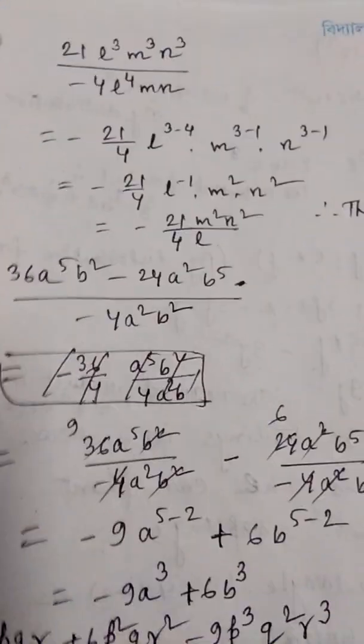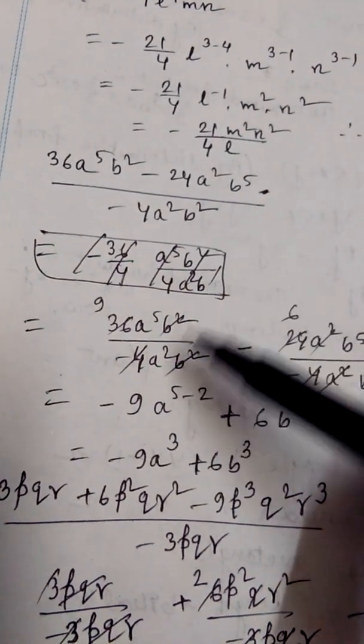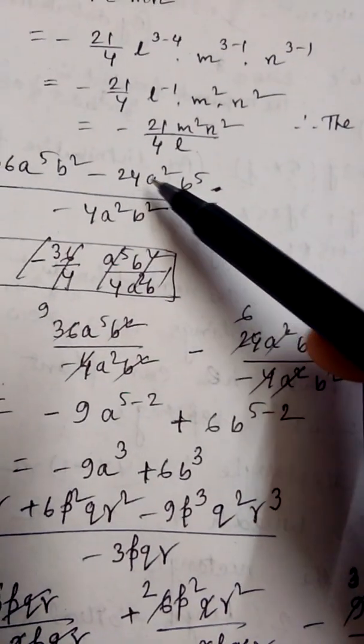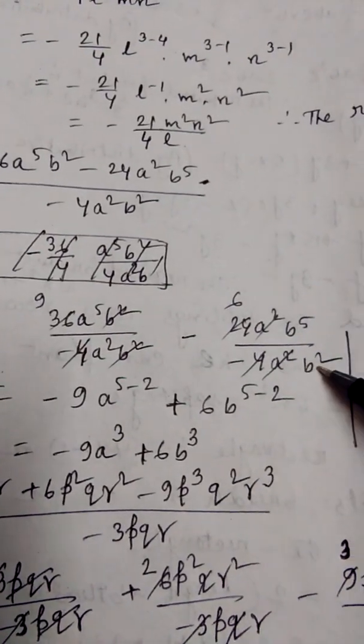Then after division we will get 36 a to the power 5 b square by minus 4 a square b square, minus 24 a square b to the power 5 by minus 4 a square b square.